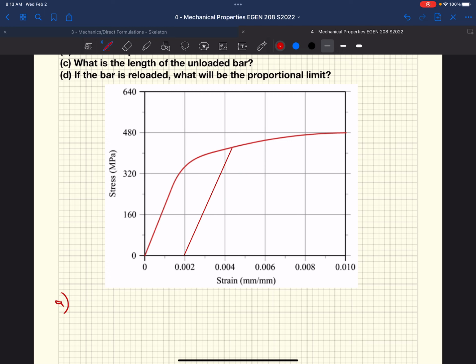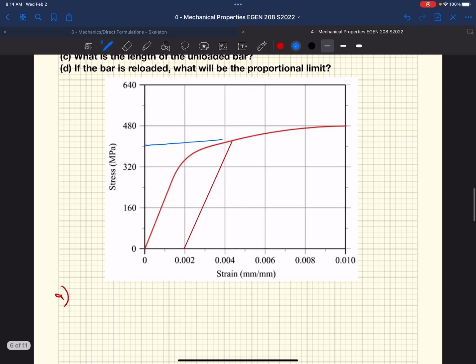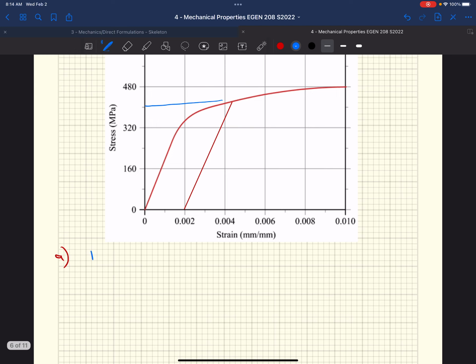The offset method crosses the x-axis at 0.002, follows the same slope as our linear elastic portion of the stress strain response. Wherever it crosses, somewhere in there, is what we would call our yield stress, sigma yield. I'm going to guess this at 440 megapascals.